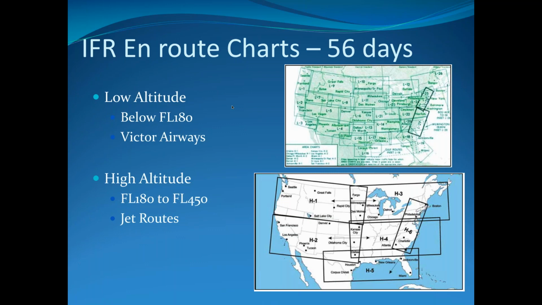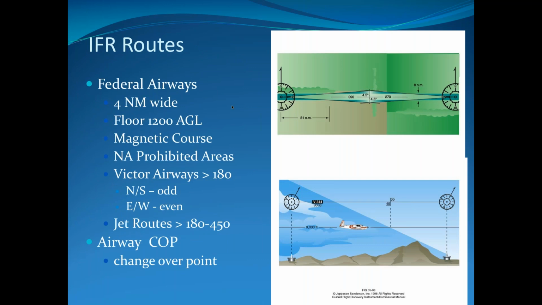The primary route that we're going to use on those charts is going to be jet routes. That's what we're going to call those. So IFR routes, there are Federal Airways. So this is the Victor Airways and the jet routes.